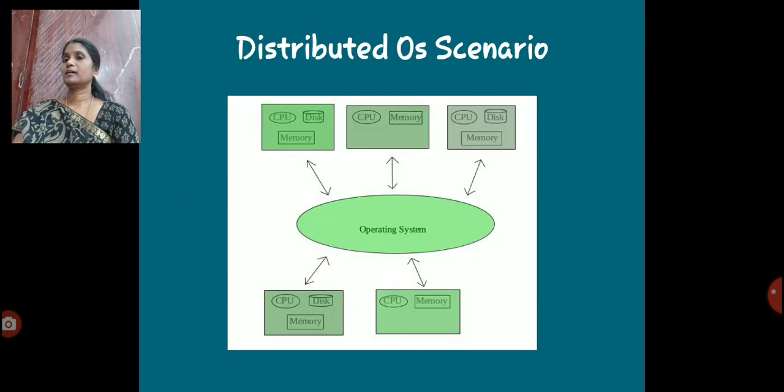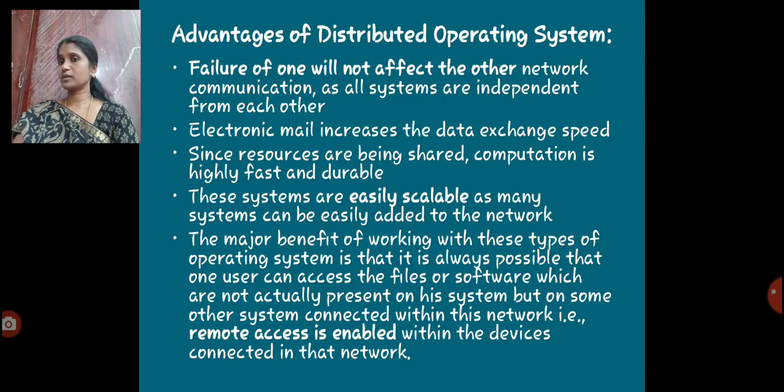And these are the advantages of distributed OS. The failure of one system, one single terminal, will not affect the entire network because they are independent. Everything has its own processor, its own IO device, its own terminal. So the failure of one will not affect the entire system.